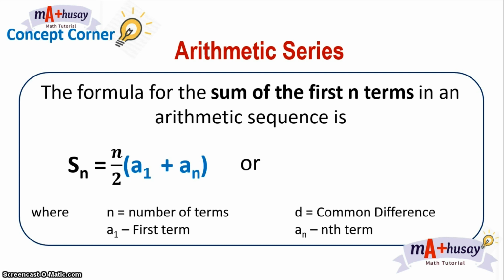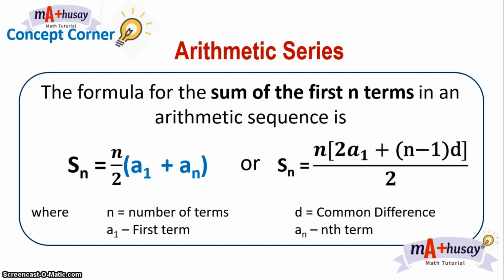On the other hand, the second formula, S sub n equals n times the quantity of 2a sub 1 plus the quantity of n minus 1 times d, all over 2, can be used if you only know the first term, the common difference, and the number of terms in the sequence.